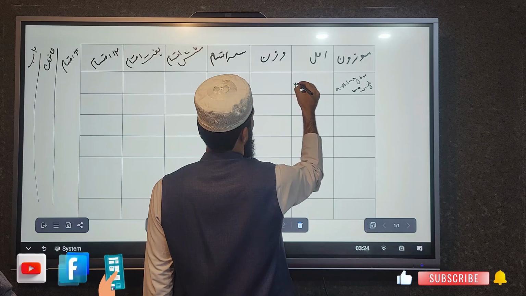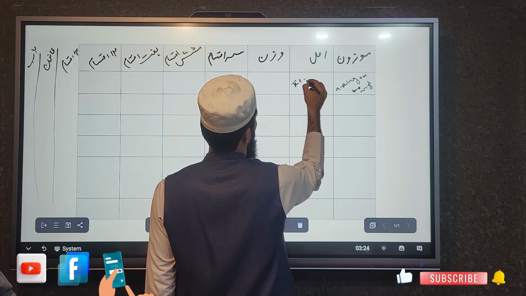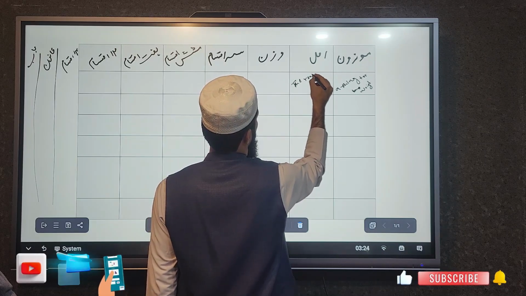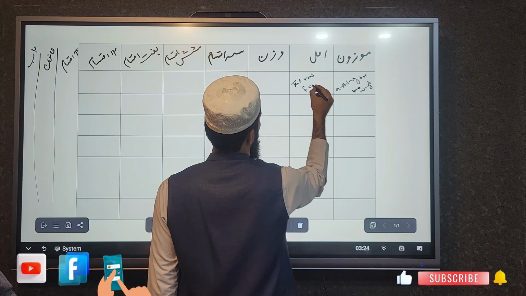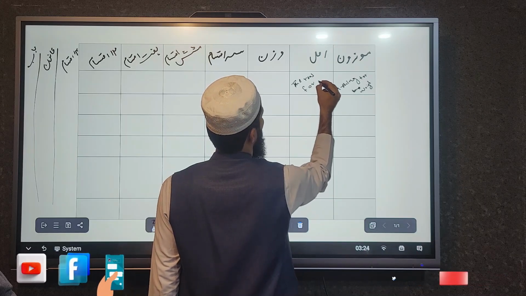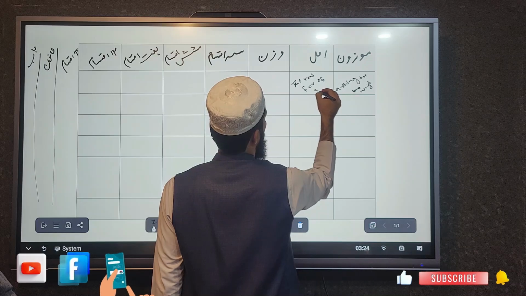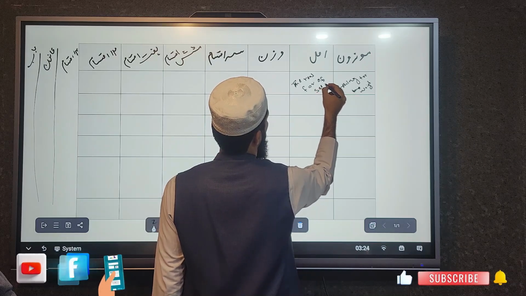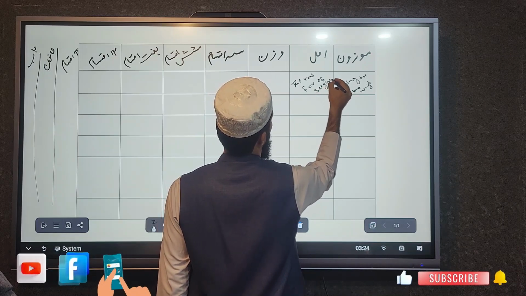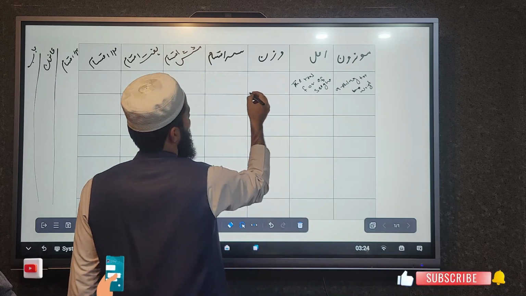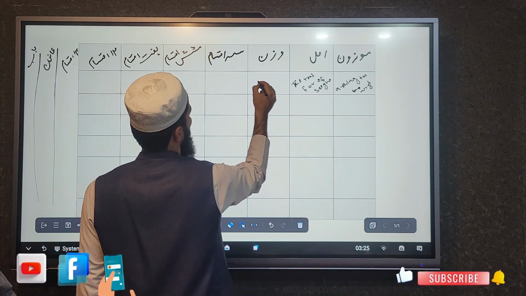Asal is the real form of a sigha. And wazn is a simple weight.